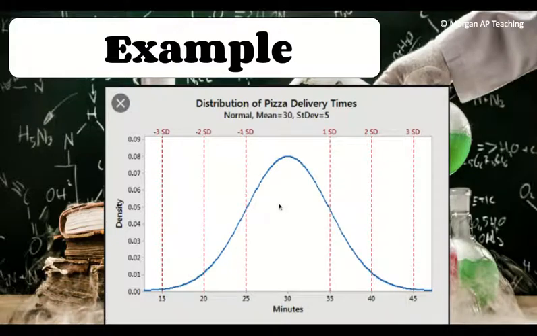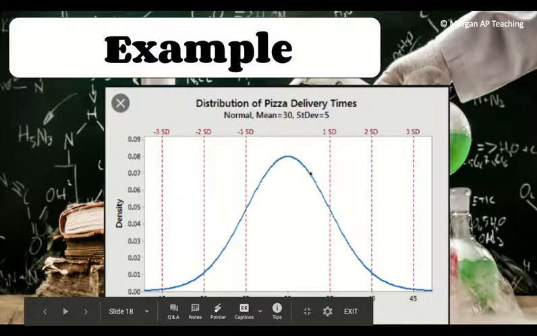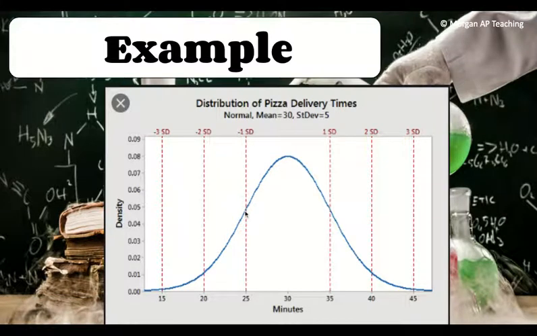As you can see, we have up here labeled the standard deviations of 1 and -1. So one standard deviation away from the middle, both positive and negative. About 68% in a normal distribution, 68% of your data will fall in the middle, one standard deviation to the left, one standard deviation to the right. If we add in these standard deviations, we should have about 95% of our data there.